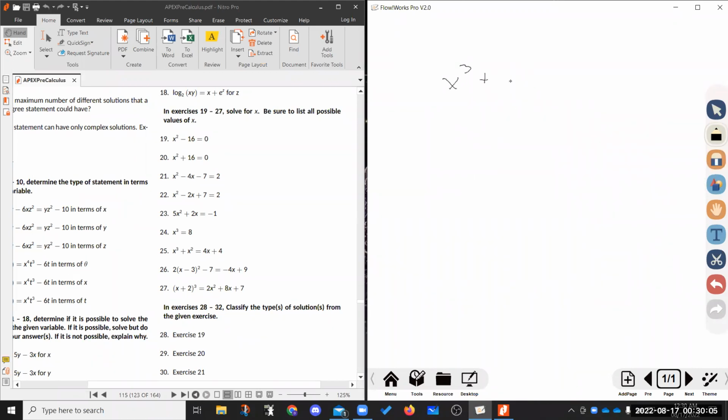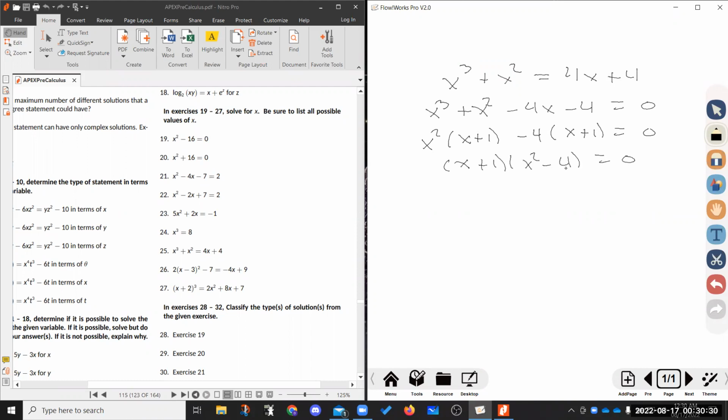x to the third plus x squared equals 4x plus 4. Let's bring it over, set it equal to 0. Let's try to factor by grouping if I can first. We get x plus 1 times x squared minus 4 equal to 0.